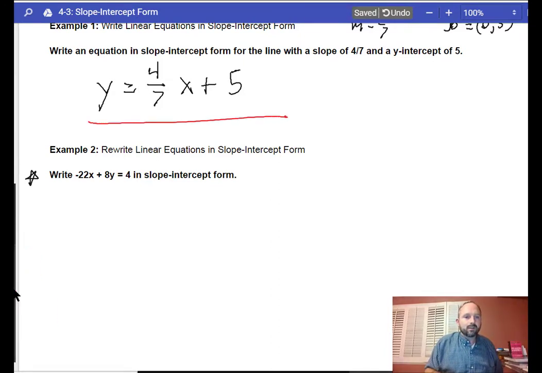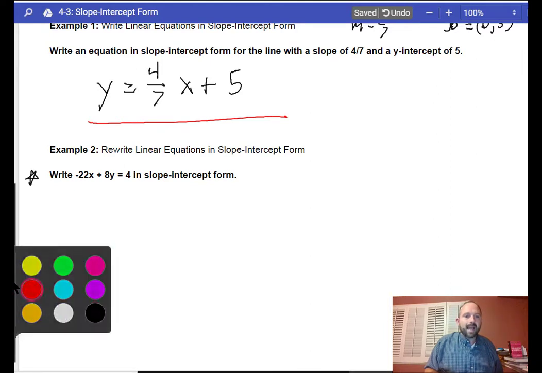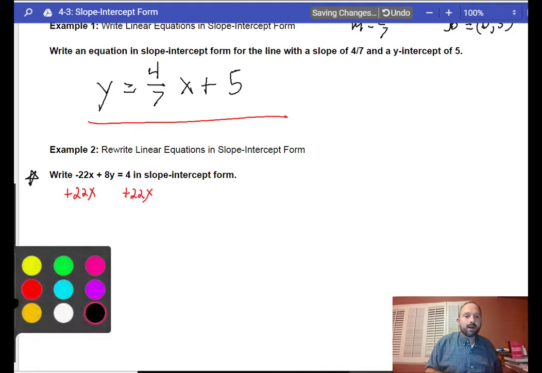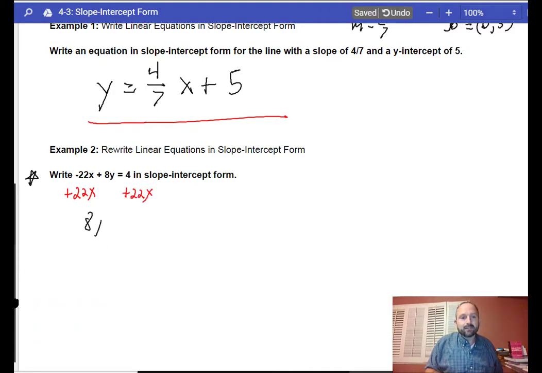So let's do it. What we're going to do is add 22x to both sides because the opposite of minus is add. So the opposite of negative 22x is add 22x. So I resolve this and I have 8y is equal to 22x plus 4.